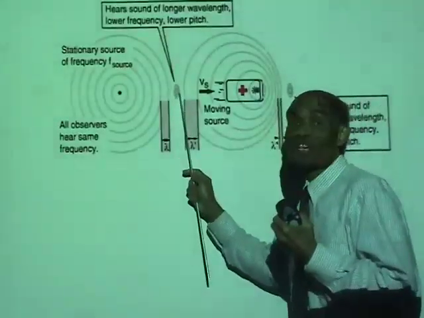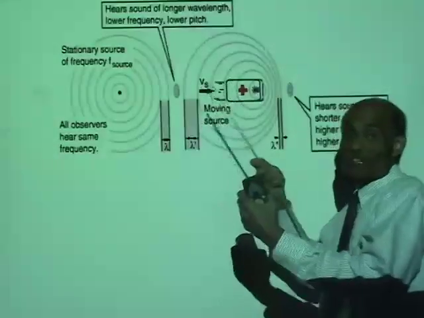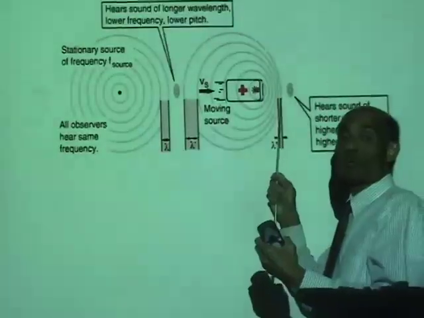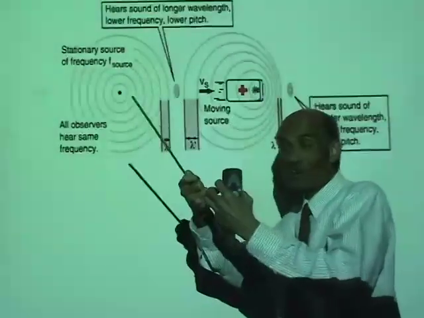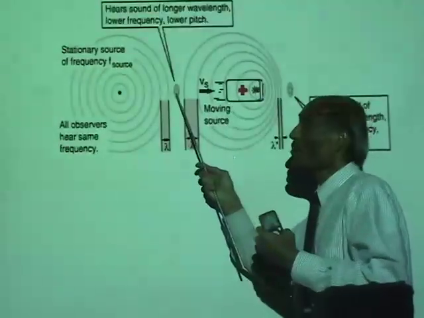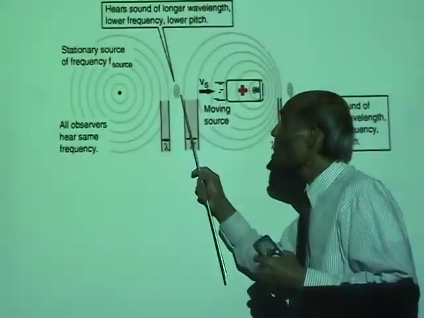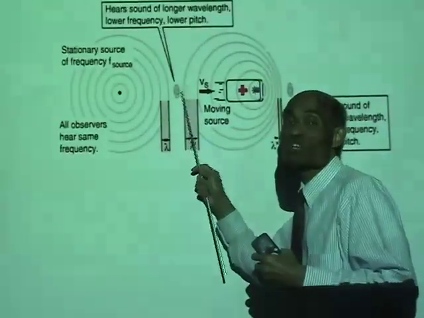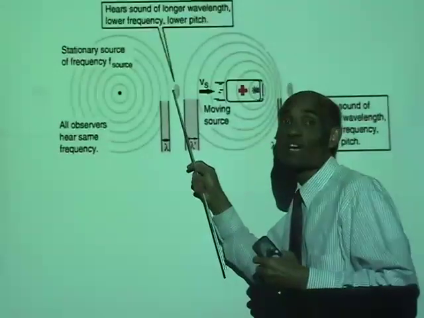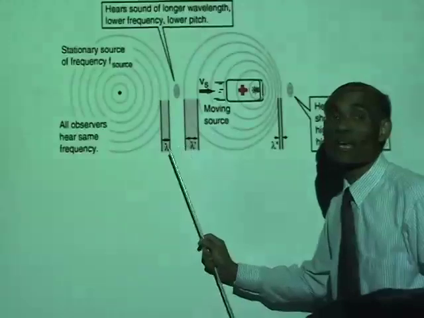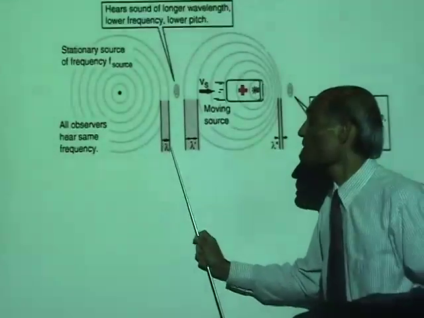Whereas for this listener, the waves are stretched. The waves are pulled away from him because the ambulance is moving away. It produces the sound and moves away. The waves get stretched. So the wavelength of the wave received by this listener will be longer than the actual wave. Now look at the difference again here. This is the actual wavelength.